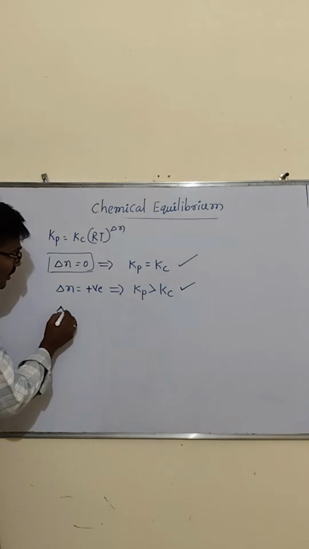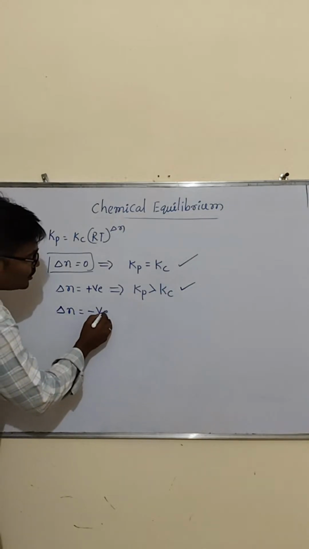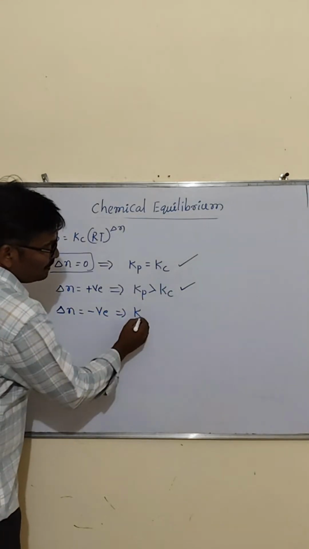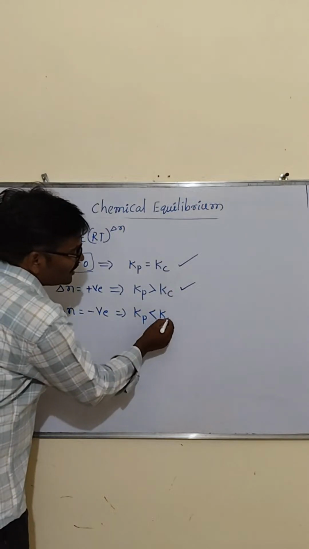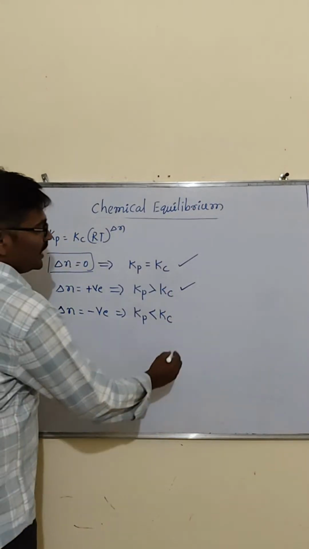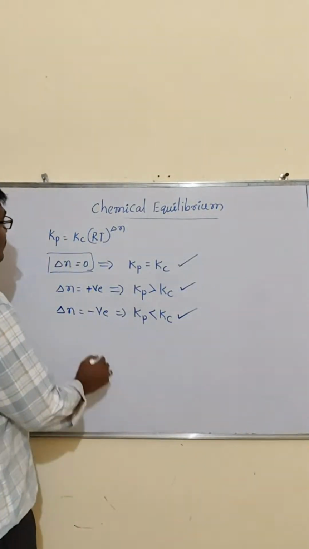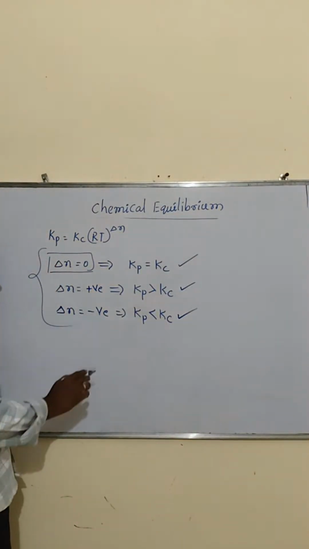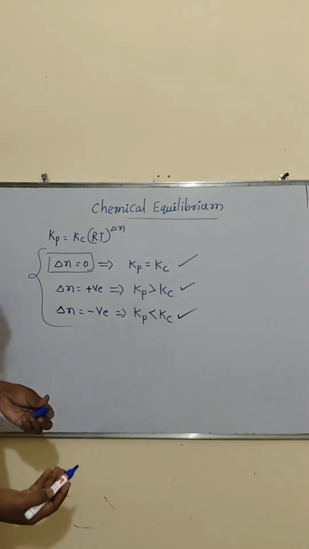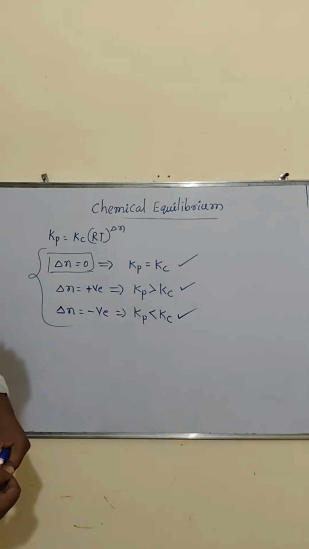In case delta n is negative, Kp is less than Kc. Based on this relation, they will ask questions, so we have to discuss now.